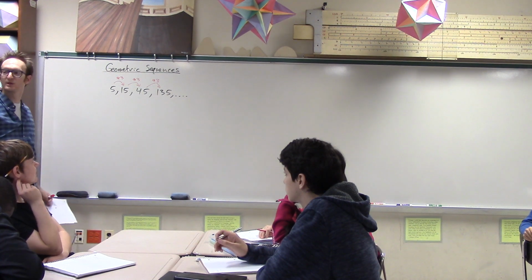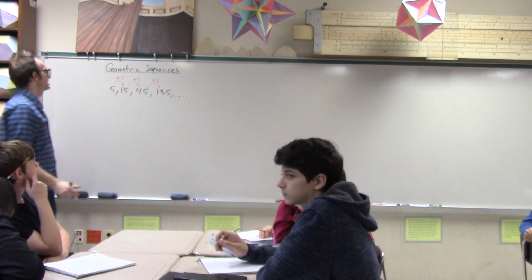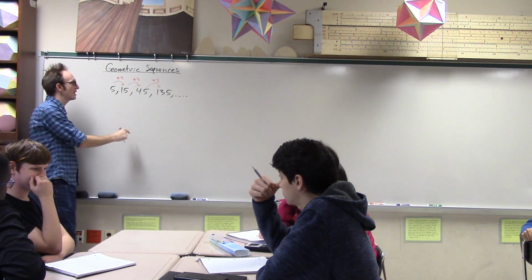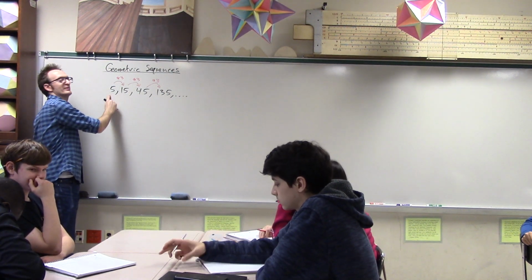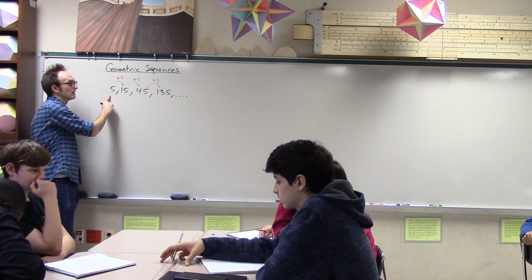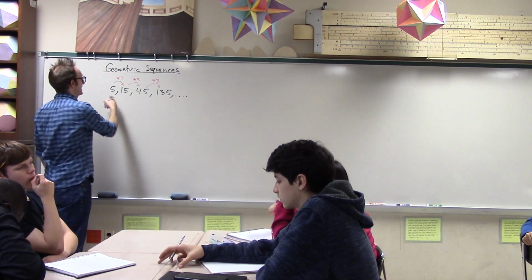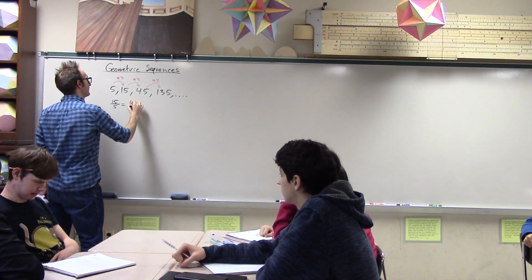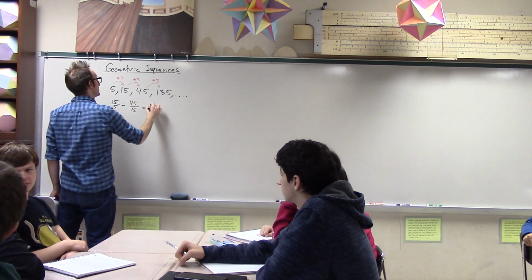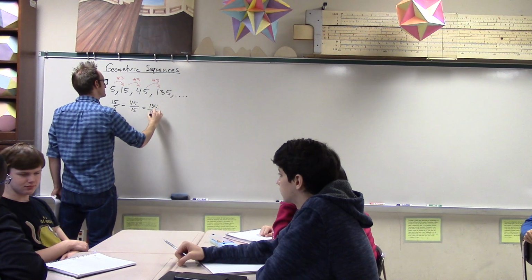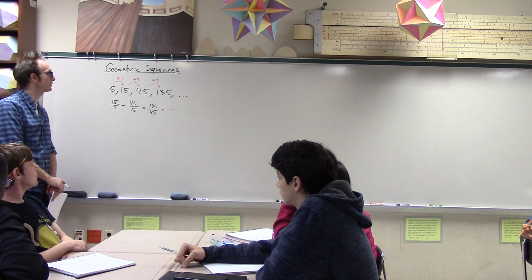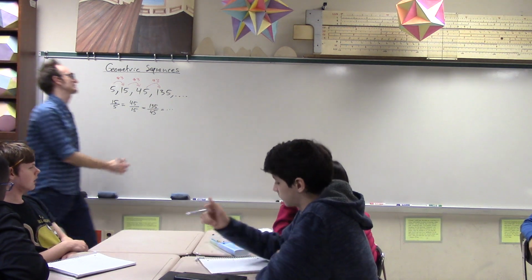This is even simpler. The quotient between the term and the term behind it. Yeah. The definition of a geometric sequence is that the ratio between any term and the previous term is the same, right? Notice that 15 over 5 is the same as 45 over 15 is the same as 135 over 45. So this is a more precise way of saying what a geometric sequence is. It's any sequence in which the ratio between a term and the previous term is constant.